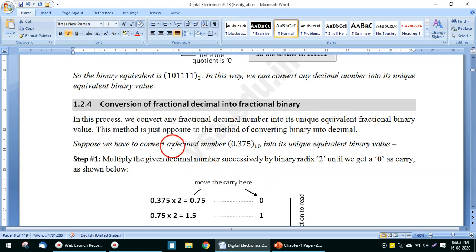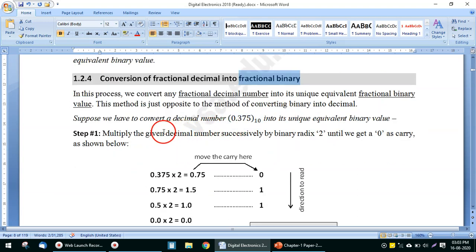Now we have to see how to convert fractional decimal into fractional binary. In this process, suppose we are given a decimal number, say 0.375 to the base 10. To the base 10 indicates that it is a fractional decimal number, and we have to convert it into its unique equivalent binary value.